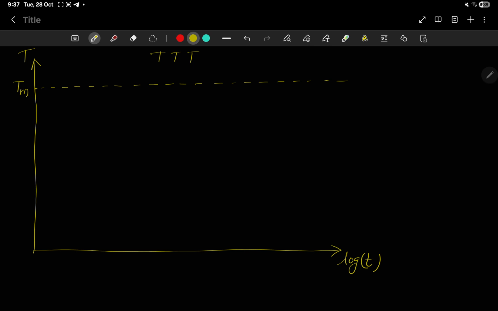Okay, so we will get a C curve below this T melting. Okay, so let's try to draw this C curve.